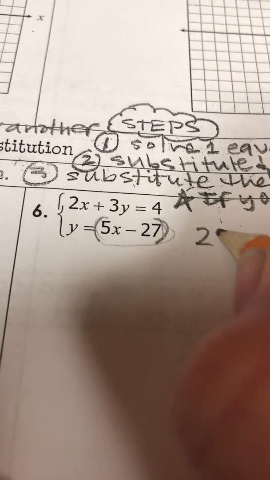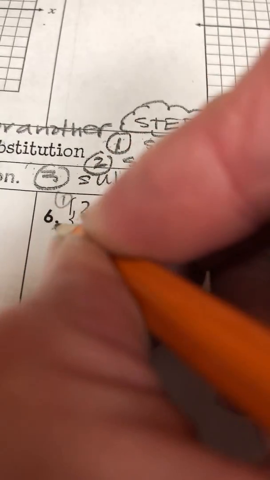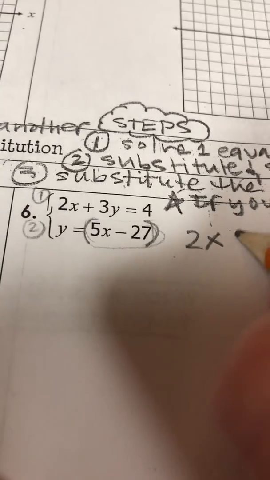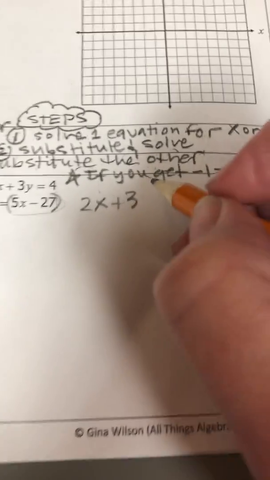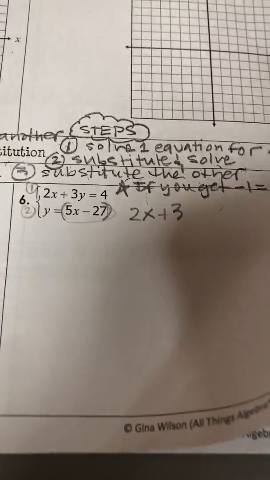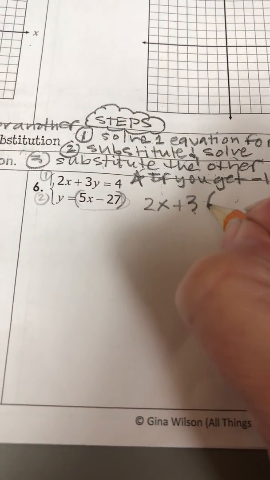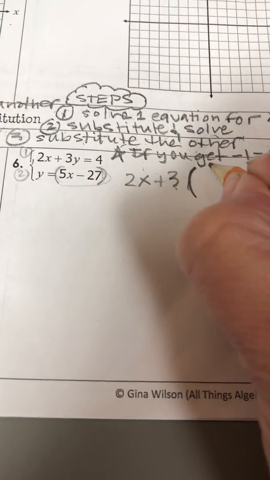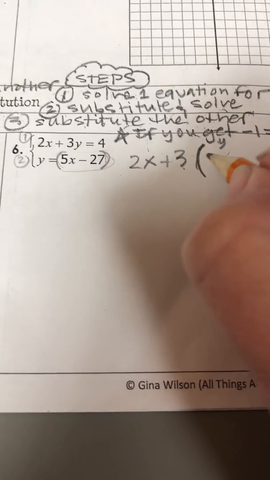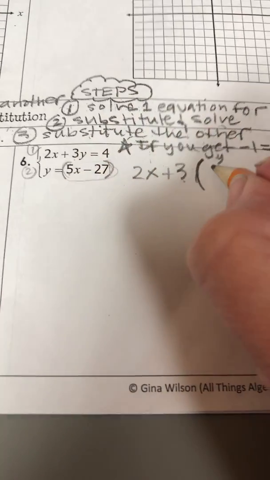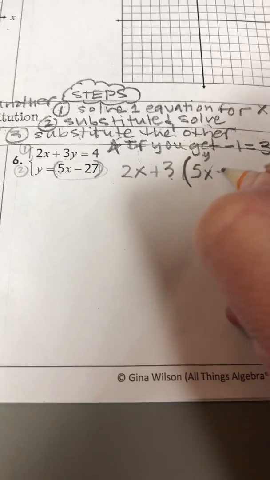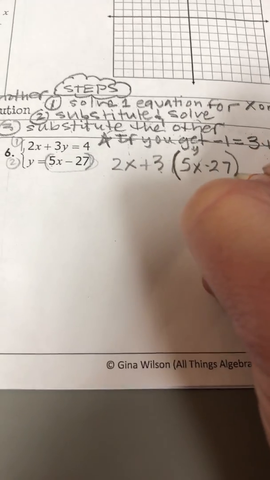So I have 2x plus 3, and for y, remember, if it helps to put a y on top, what I'm substituting is this, 5x minus 27.